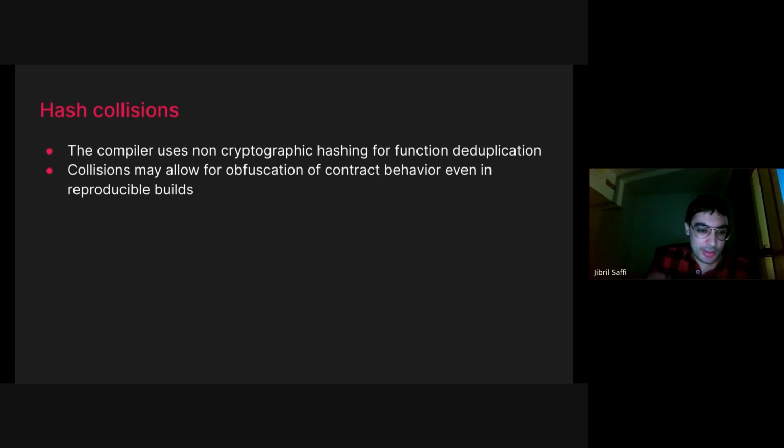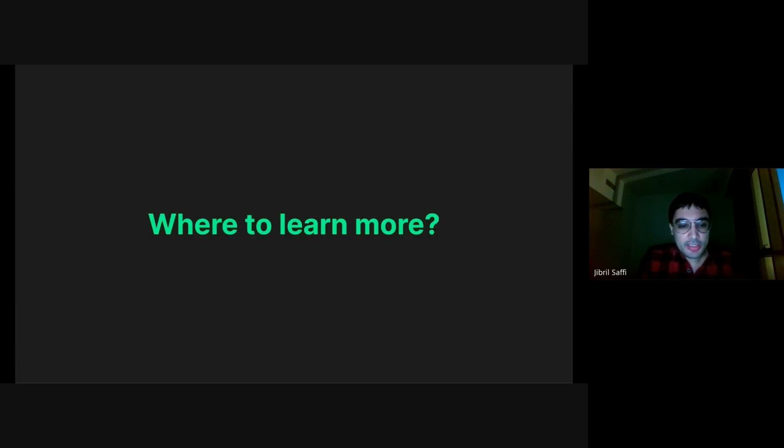You may send the method selector for a particular method, and because there is a collision somewhere, you actually get another and therefore different behavior. Again, we use these hash maps in lots of places in the compiler, so it's difficult to determine what the exact effects would be, but it's something to consider as a potential attack vector. And yeah, that's about it.